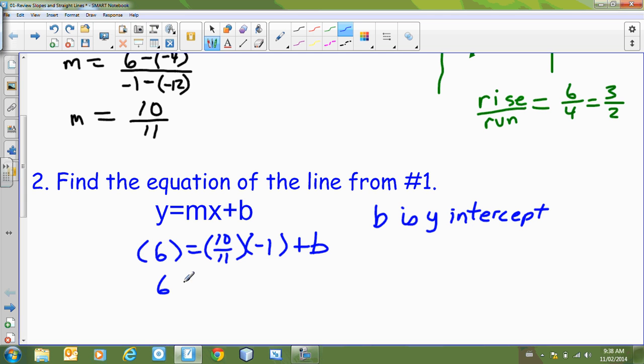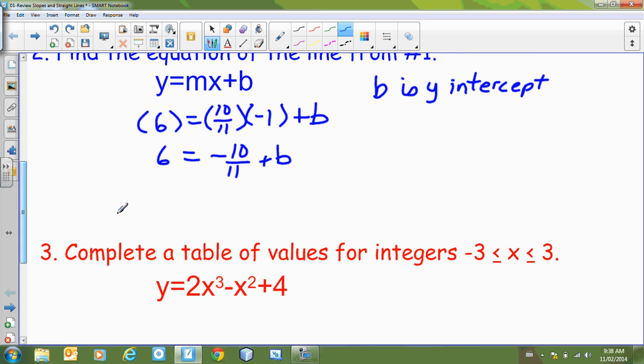And so I have 6 is equal to 10 elevenths times -1, negative 10 elevenths, plus the b value. Now I need to isolate b, so I'm going to add 10 elevenths over here. 6 plus 10 elevenths is my b value.